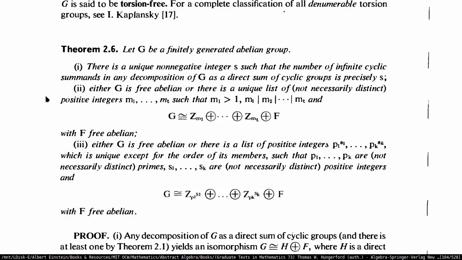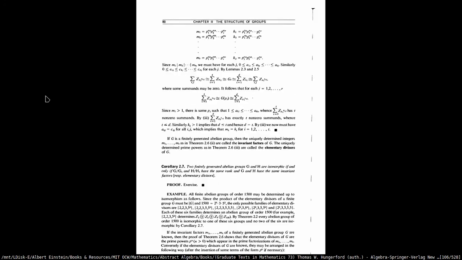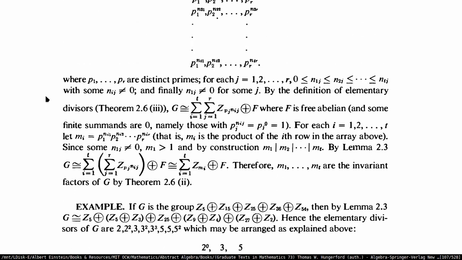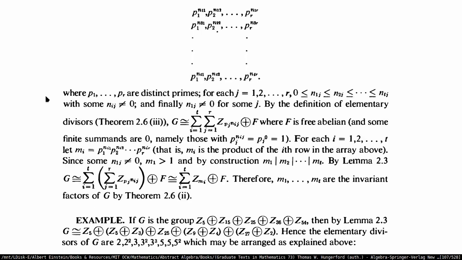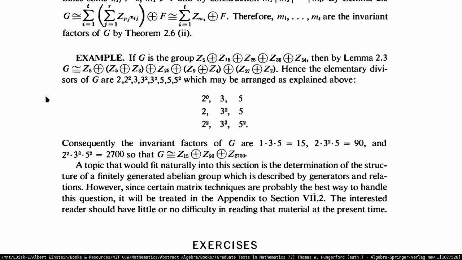But then notice how he's got that division thing where M1 divides M2 and so forth. But if you flip to page 81, you can see how he has an example about halfway down, where he's taking it from one way of writing it into another way of writing it.